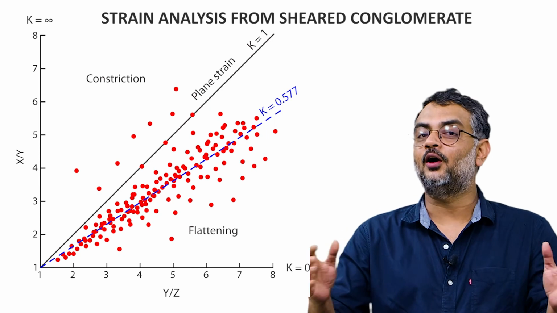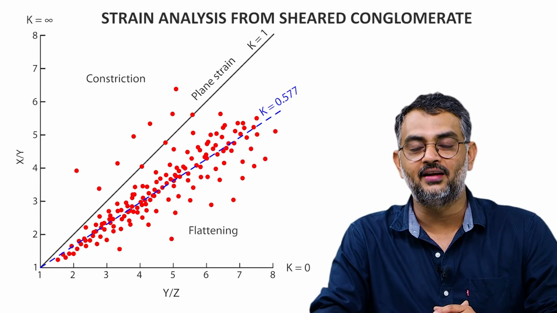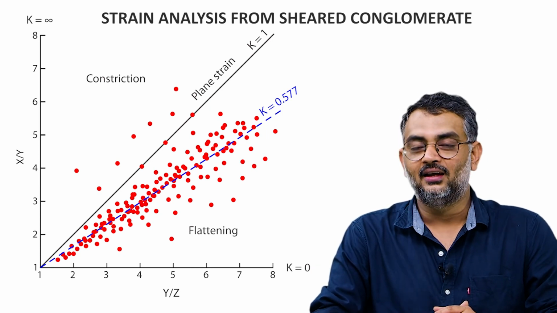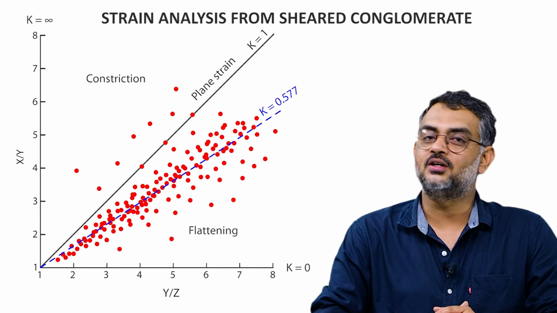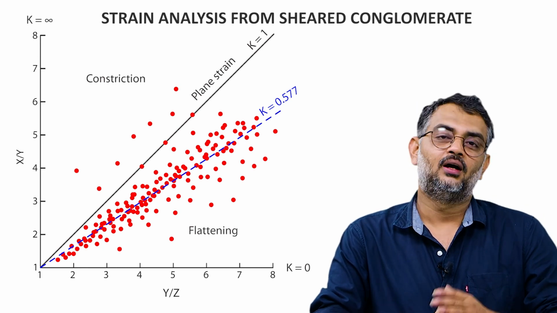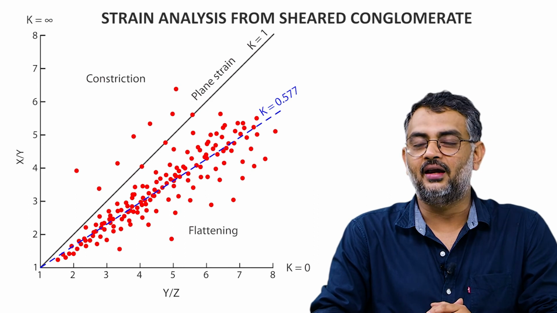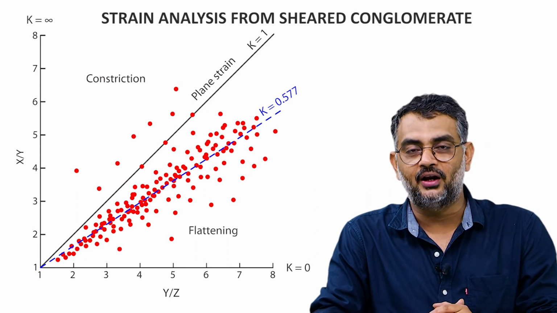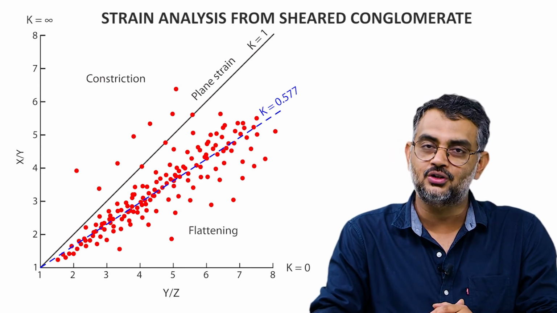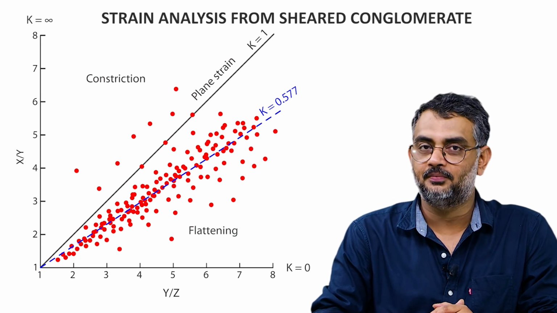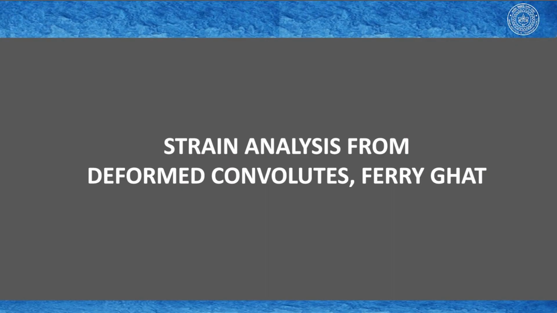We saw them exposed in the xy plane, xz plane and yz plane of the kinematic strain ellipsoid. Now, we have plotted the data in this Flynn diagram, and you can see that it is coming towards the flattening side. Some data you also see are on the plane strain direction, but they are mostly falling in the flattening side.